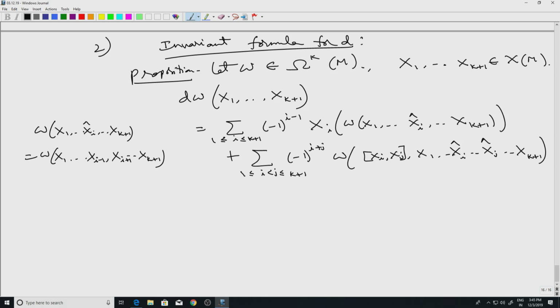The second thing is these xi's are all vector fields, and so when I take omega of x1 up to xk plus 1, after I omit xi, I'll get k vector fields, so omega will act on that. So this is a C infinity function, and I'm just taking the derivation action of the vector field on a function.